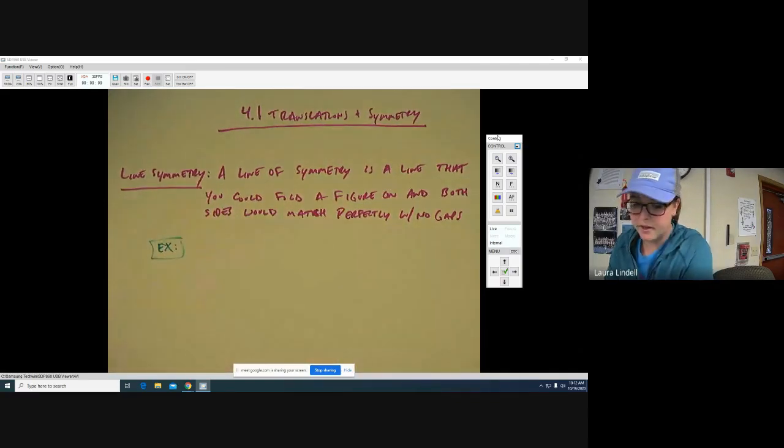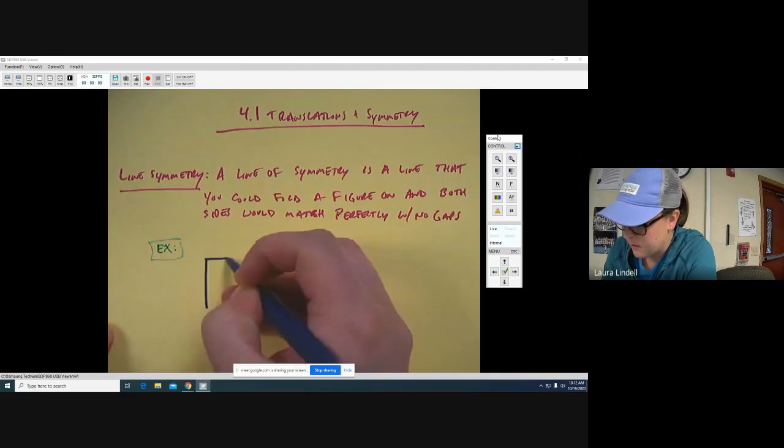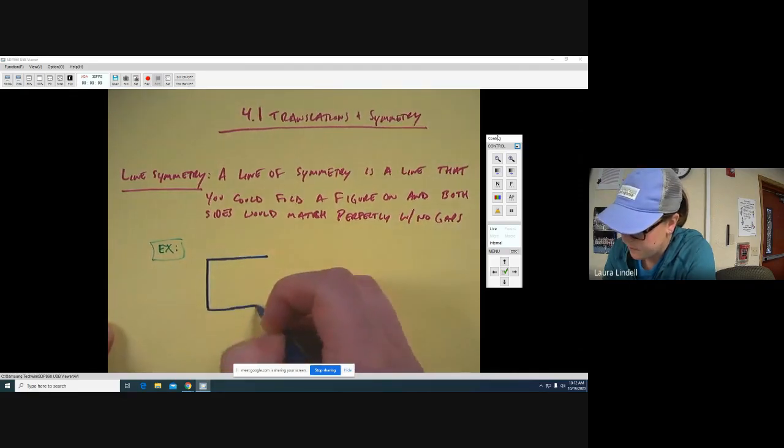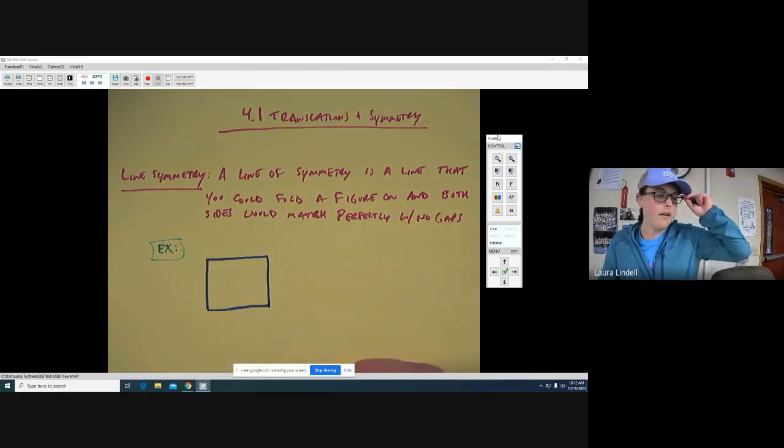We'll start off basic. That pen is dying. What if I have a square? Yeah, it says fold, not force.